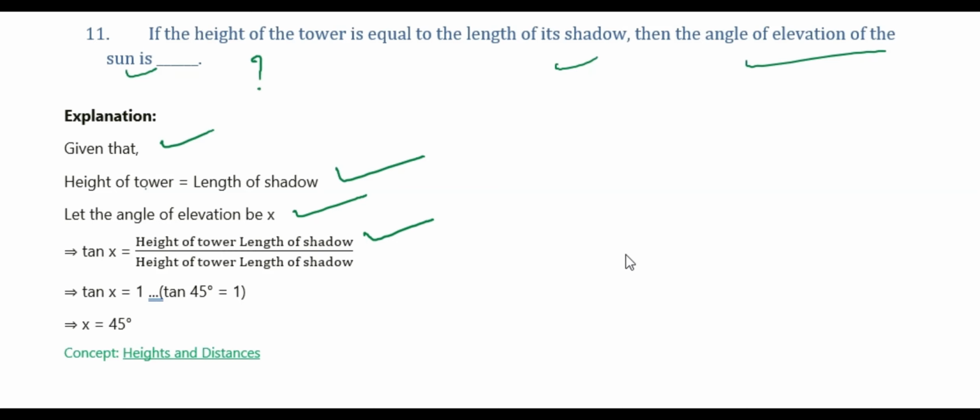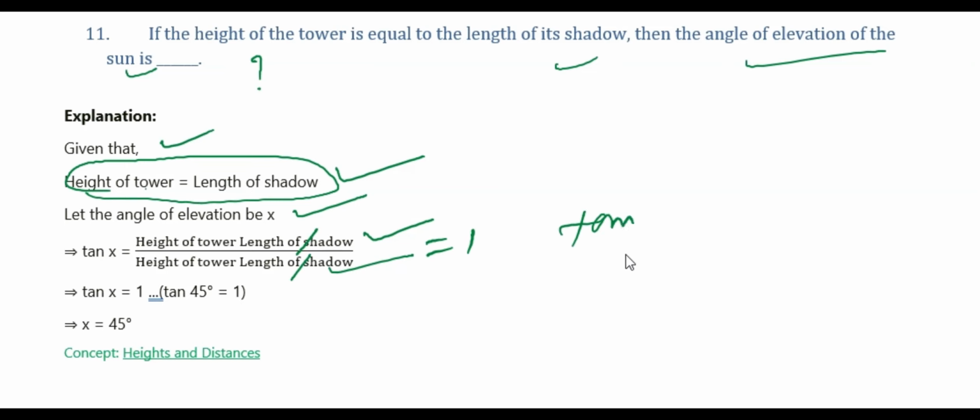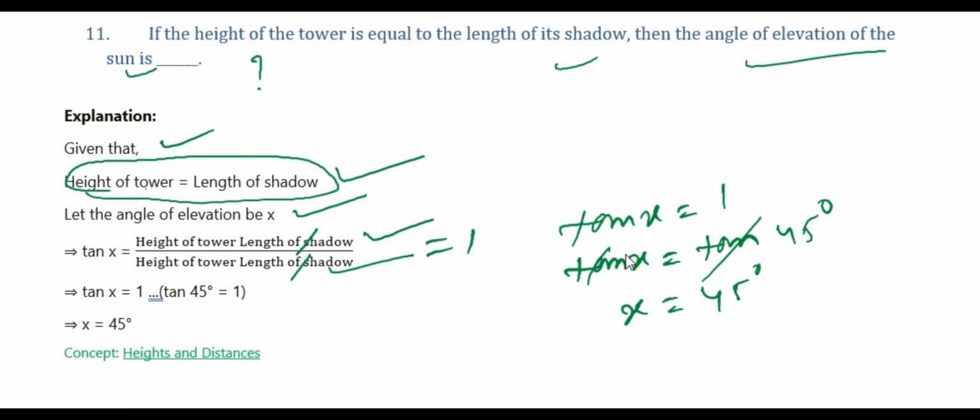Since height of tower and length of shadow are equal, it cancels, we get 1. So tan x equals 1, and the value of tan 45 degrees is 1. So tan cancels, and x equals 45 degrees. This option is given in the 4 options, so we will take 45 degrees.